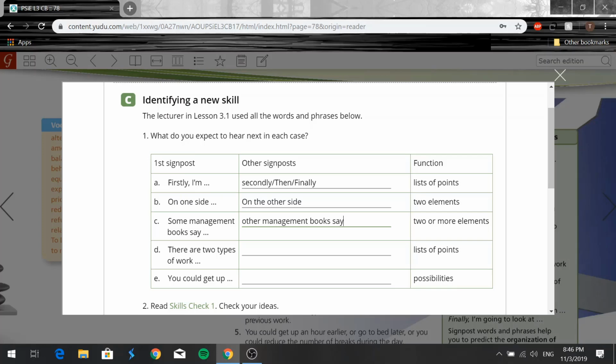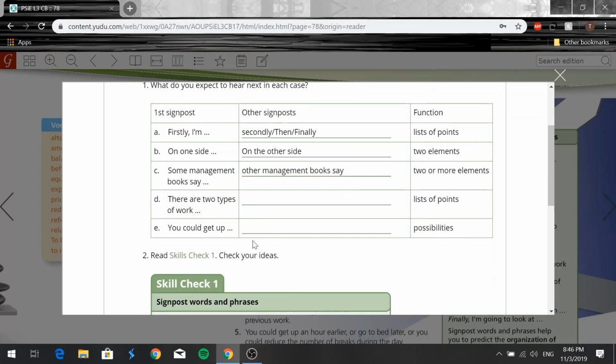Well, the signpost here is 2 or more points or elements. So I'm perfectly fine with saying 2 points. So some management books say this, while other management books say that, right? But I could also add more if I wanted to, right? And we have D. There are 2 types of work. Lists of points.